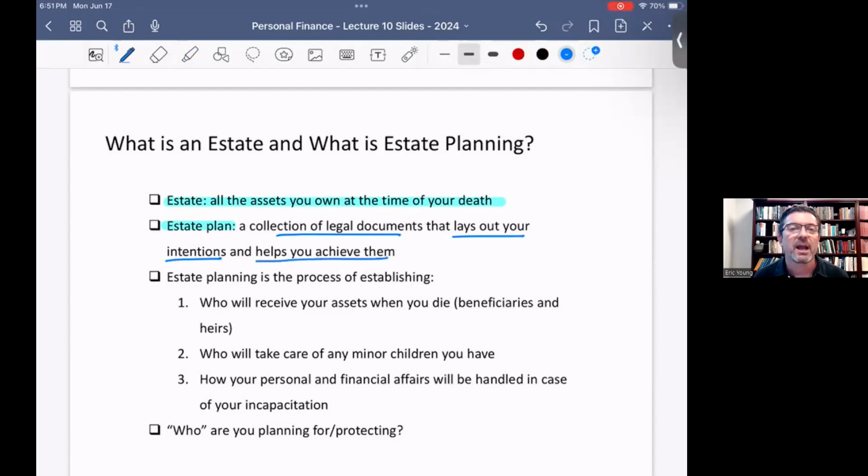It starts off with you making plans and having goals, but the estate plan itself is the collection of legal and other documents that helps you fulfill those goals. It lays out your intentions and gives the legal backing so that those intentions are fulfilled. Ultimately, estate planning, like many other things in personal finance, is a process.